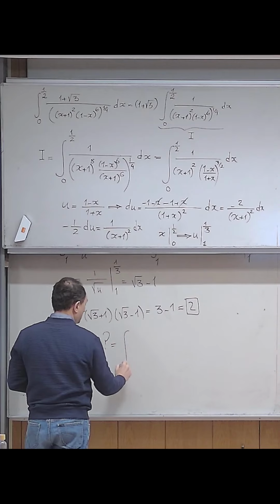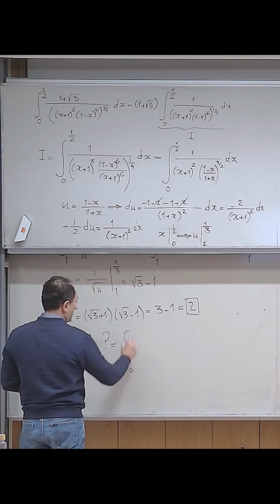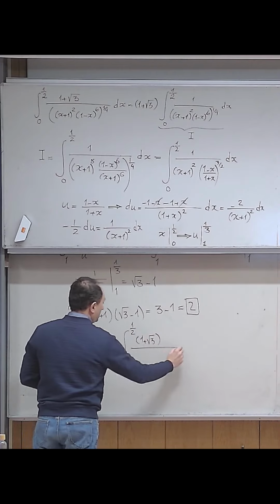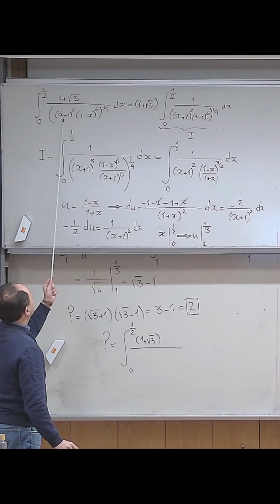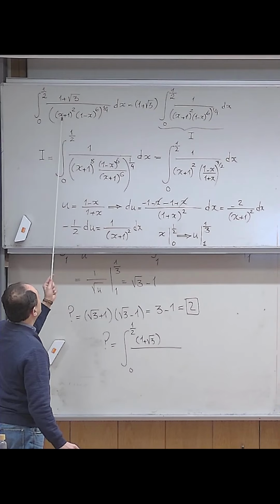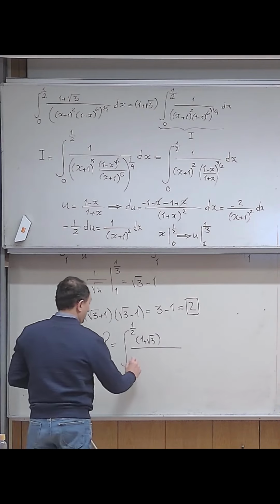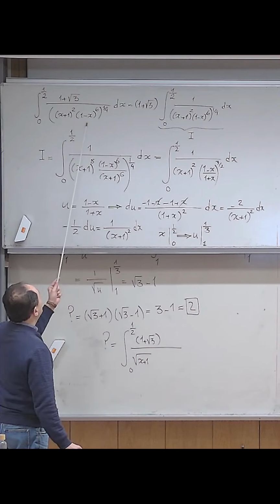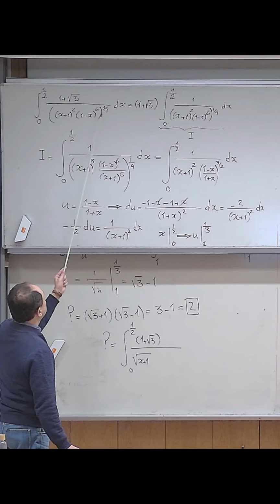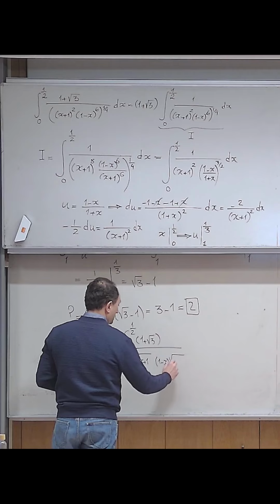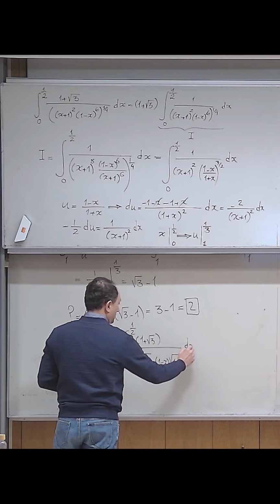You can write integral from 0 to 1/2, and then you have 1 plus the square root of 3, and then here I can write (x+1) to the power 2 to the power 1 over 4, which becomes the square root of x plus 1, and the other one becomes (1-x) to the power of 3 over 2, which I can write as (1-x) times the square root of 1 minus x, and then I have dx.